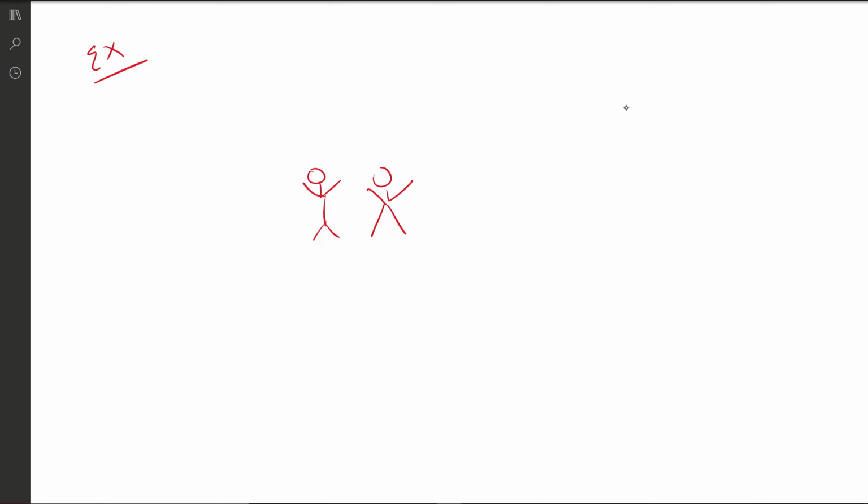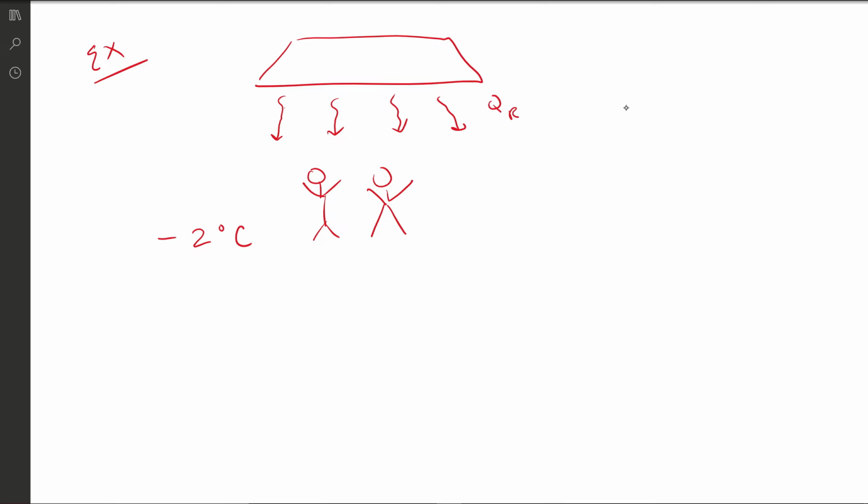So some light rail system outside, and outside may be negative 2 degrees Celsius, but then there are these big giant heat lamps, to warm the people up. That's at 250 degrees Celsius.